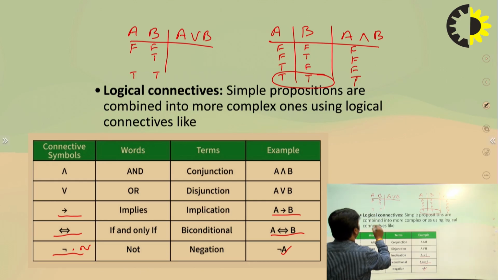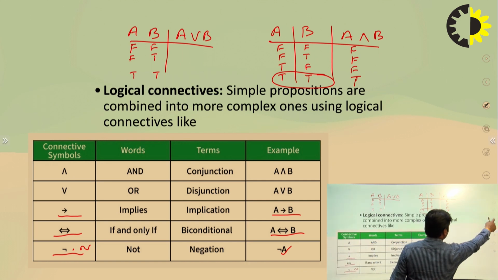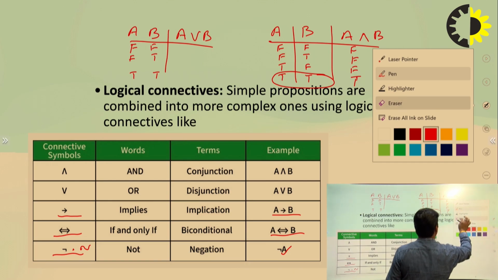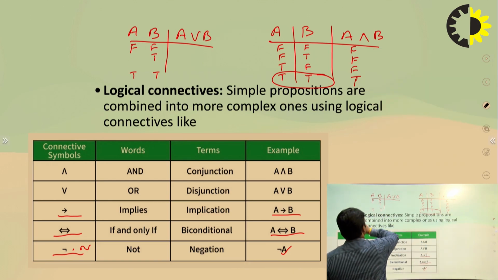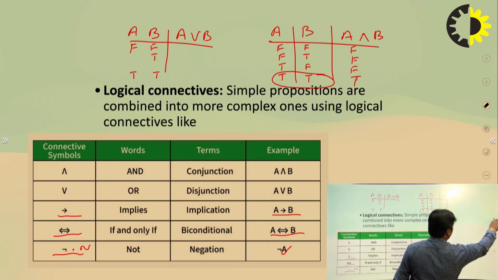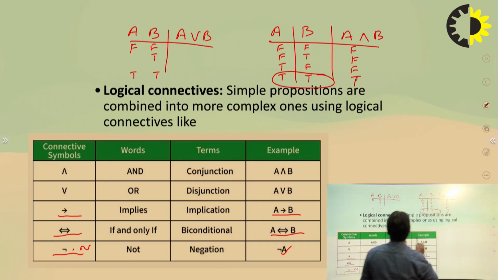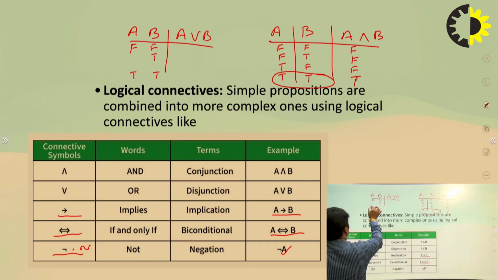We can write anything, but we follow a hierarchy. False, false, true, true, false, true, false, true. Means we write here 0, 1, 2 and 3 in binary number.